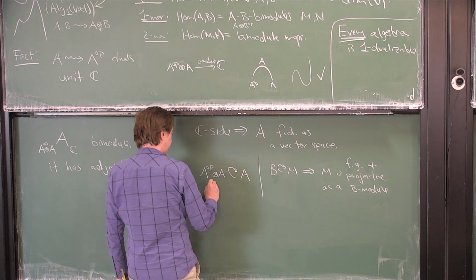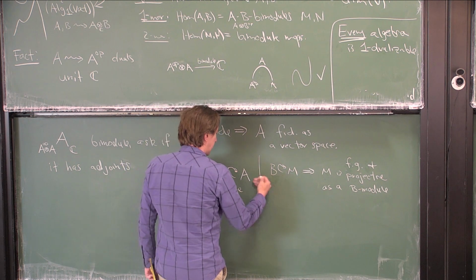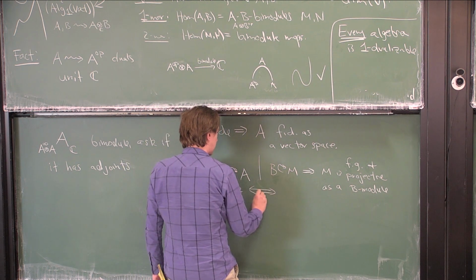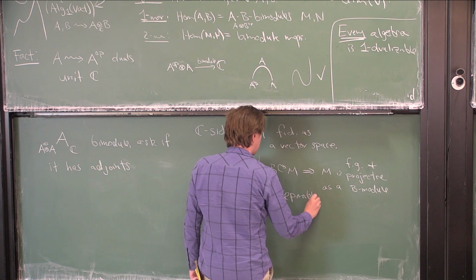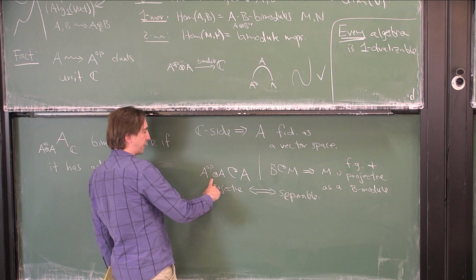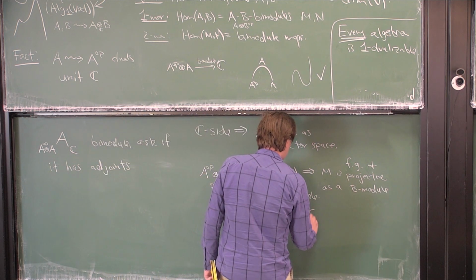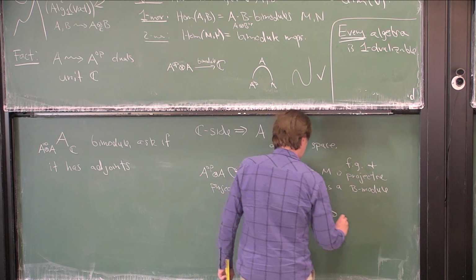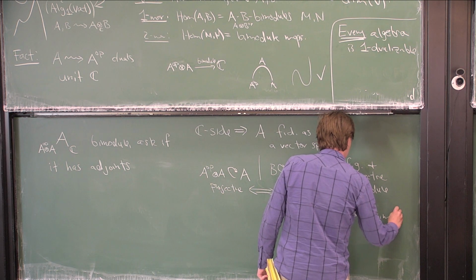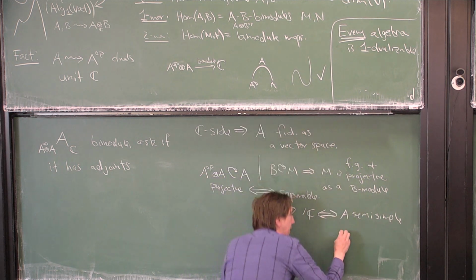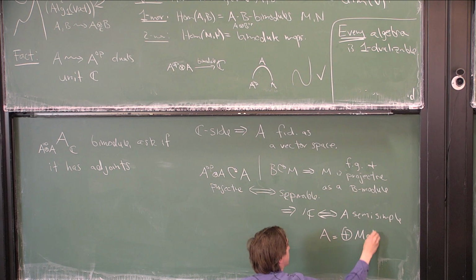So this being projective, that's the definition of what's called separable. So an algebra A is called separable if it's projective when regarded as a bimodule, and over C, this is equivalent to A being semi-simple, i.e. A just must be a direct sum of matrix algebras over C.